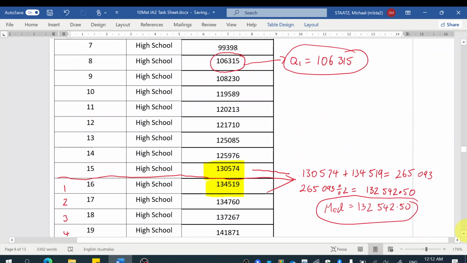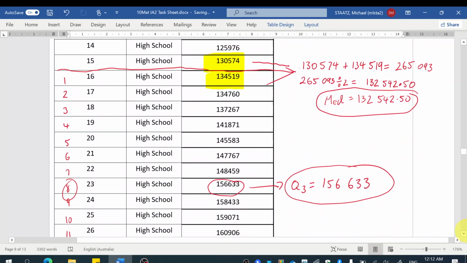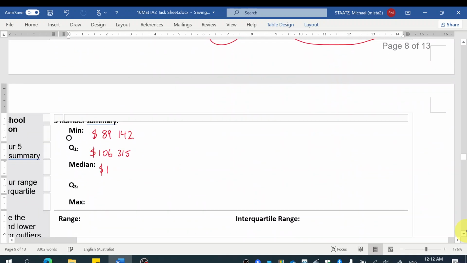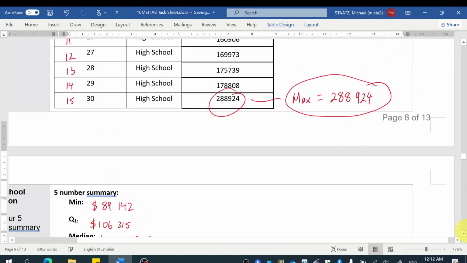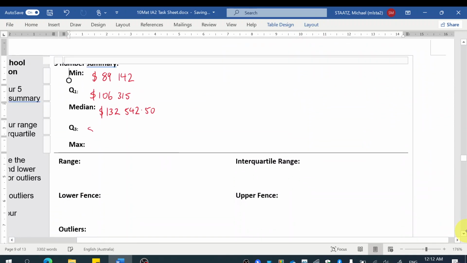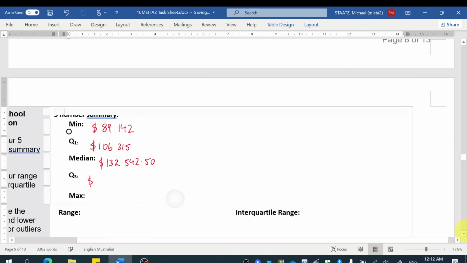Q1 is 106,315. So I'm going to write that down. The median is 132,542.50. Q3 is 156,633.